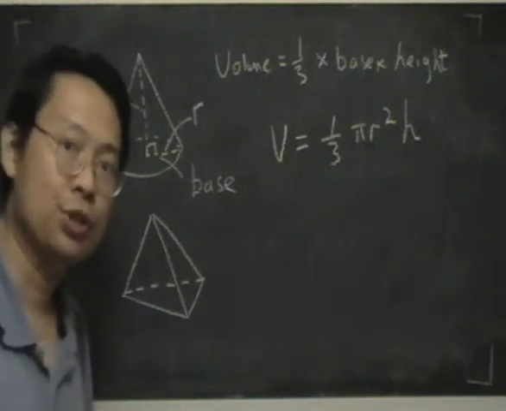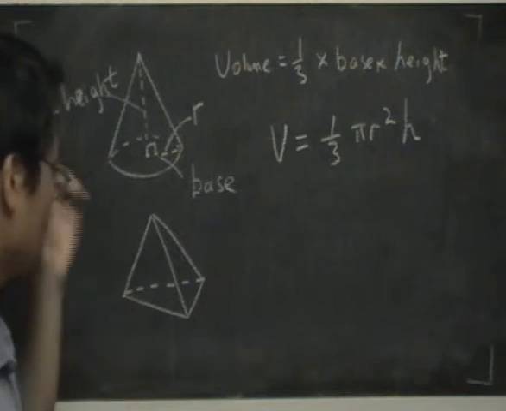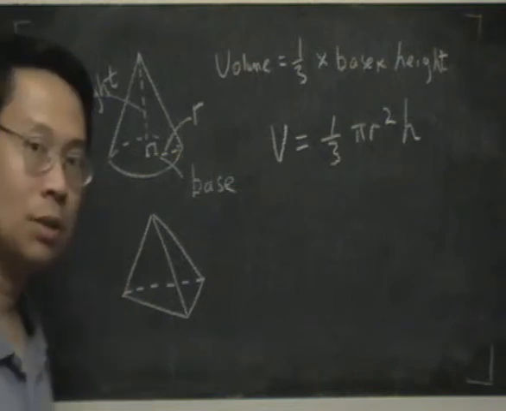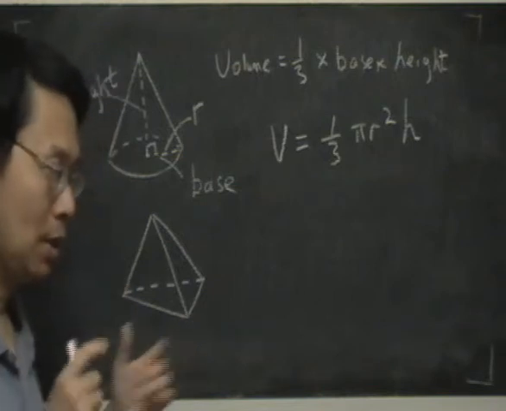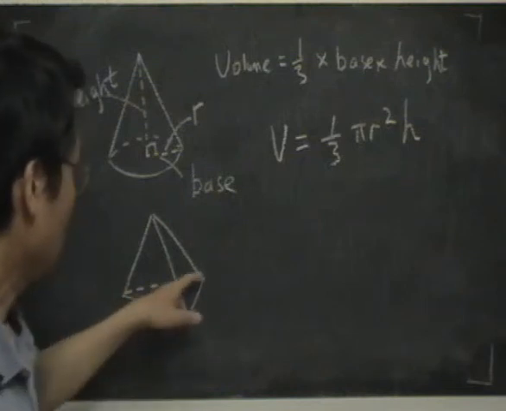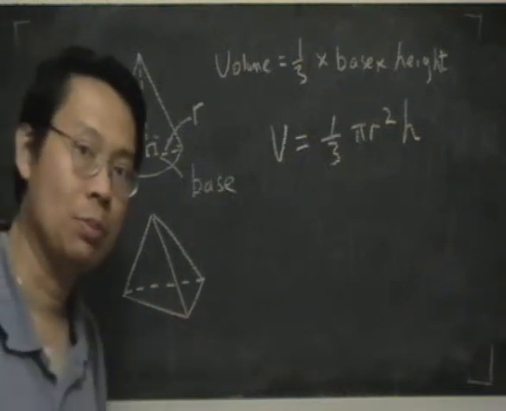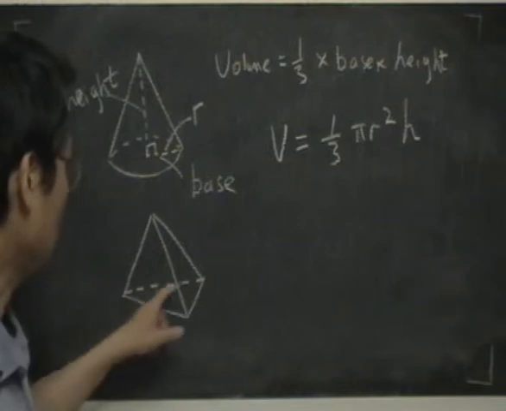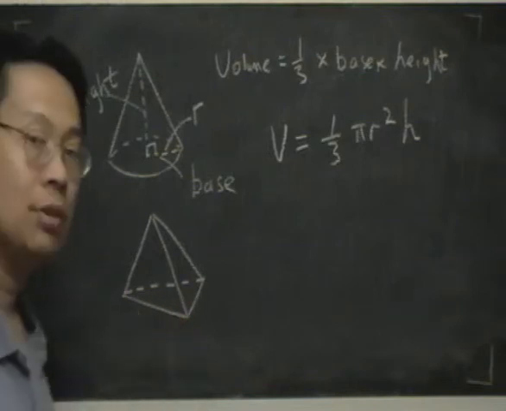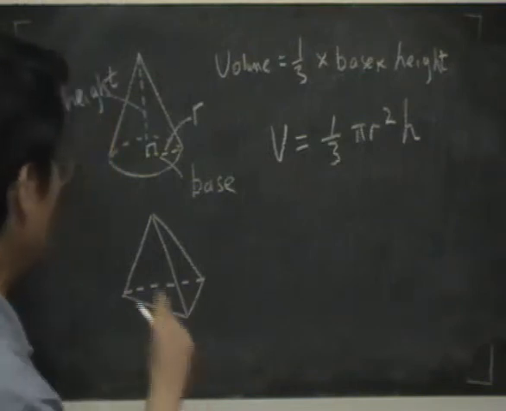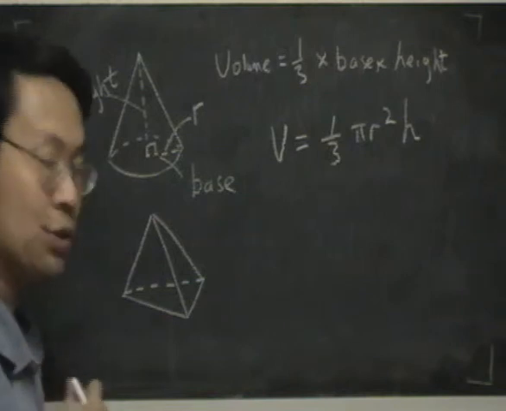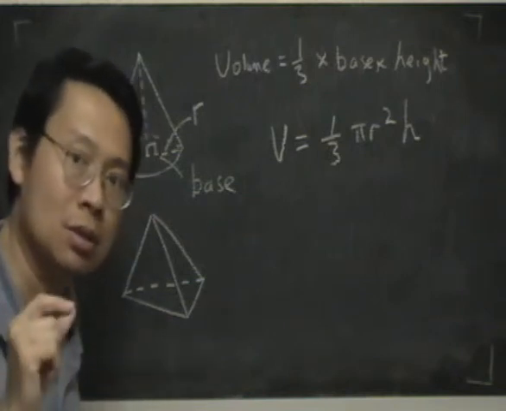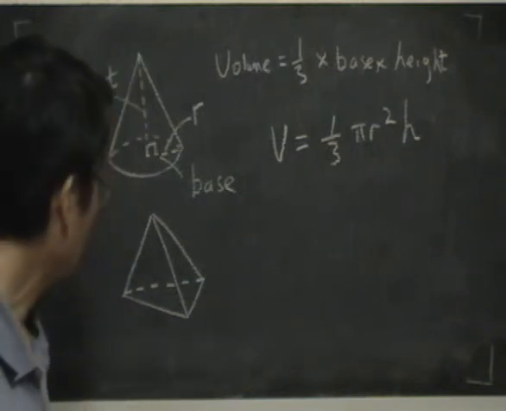Now, what kind of a shape is that? It's not the familiar pyramid, because a pyramid has a square base. This one has a triangular base. Now, this kind of shape is called a tetrahedron.